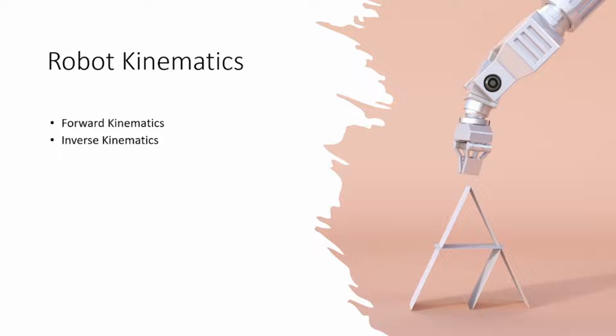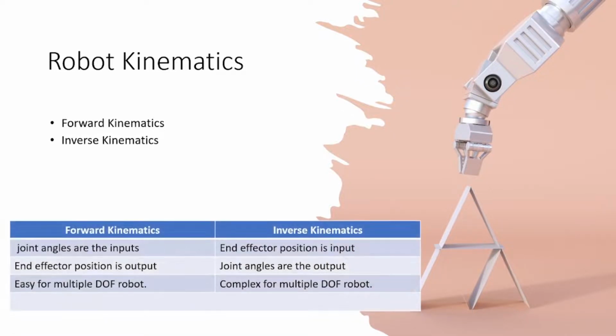There is a basic difference between forward and inverse, which is a very important question for each of the industrial robot papers, so just take note over here. Forward kinematics and inverse kinematics differ in input, output and complexity. For forward, we know the joint angles and we calculate the end effector position.